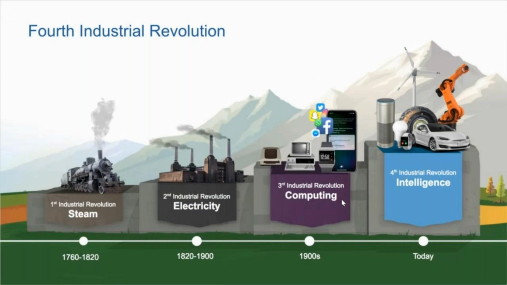So if you see this, somewhere around every 100 years you are getting a new thing. And now we are into artificial intelligence, where of course not just Salesforce, many other technologies are using it.